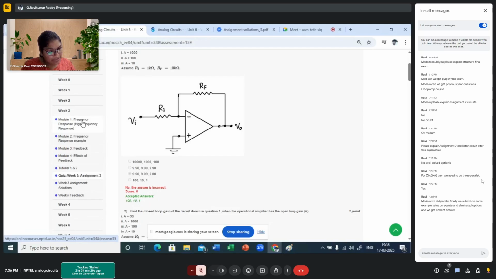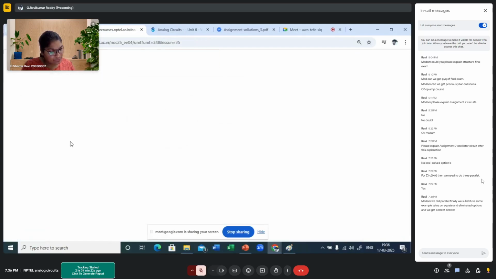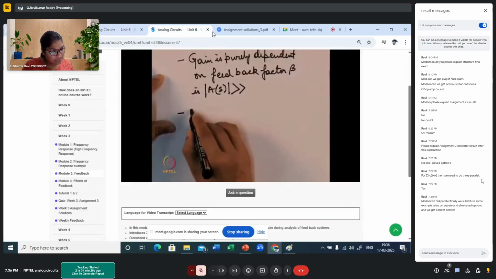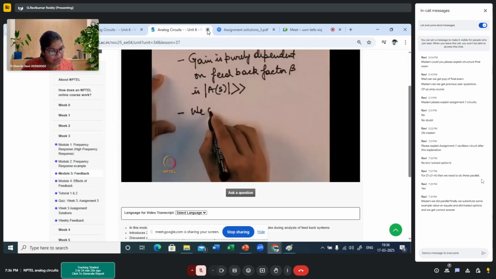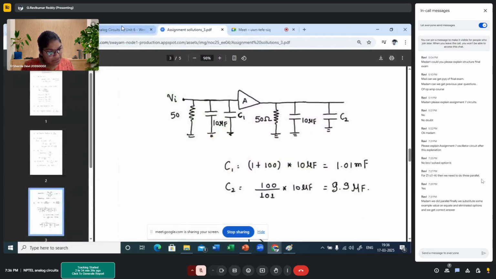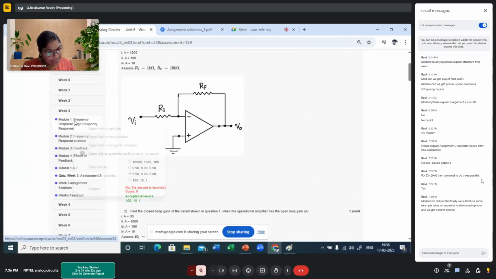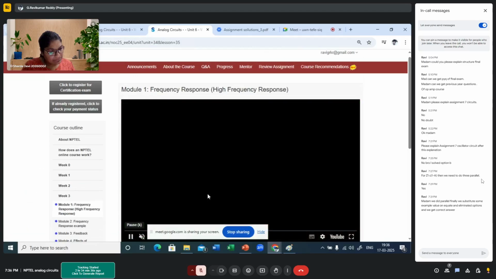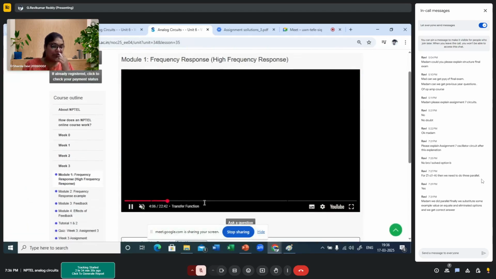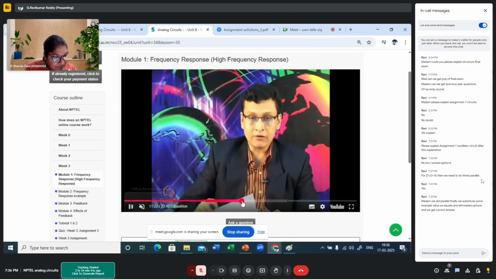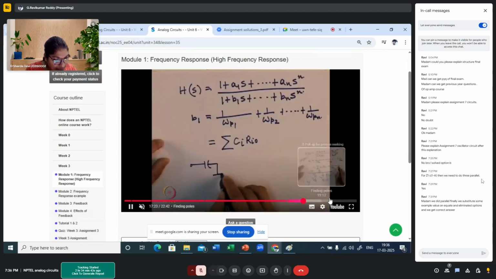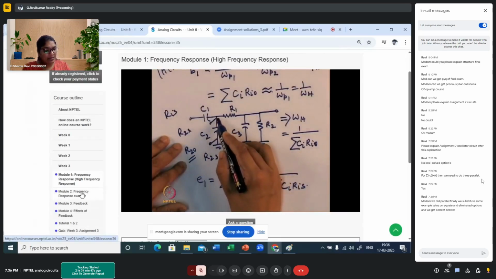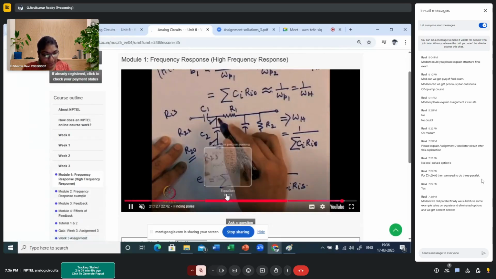No, in output it is C into 1 upon 1 minus 1 by A only, I guess. Because if A is very, very large, in output side you get C out as C. But if that is the factor here also, then also you will get this 1 minus A on the output side.